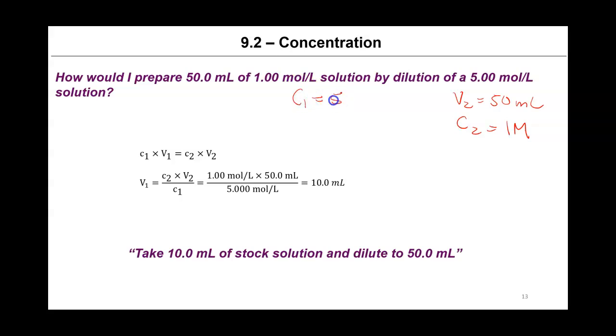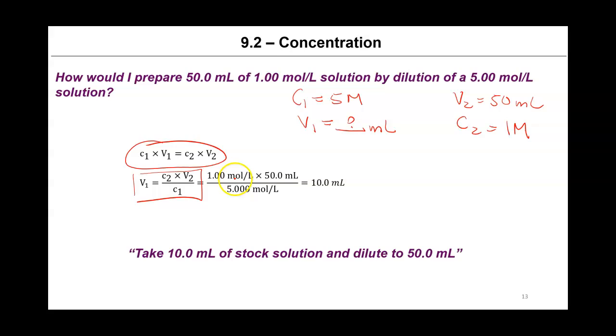C1 is 5 moles per liter and V1 is not given. We don't know how many milliliters that is. So we're going to take the dilution formula, divide both sides by C1 so that we have an expression for V1, and then we're going to put our numbers in.